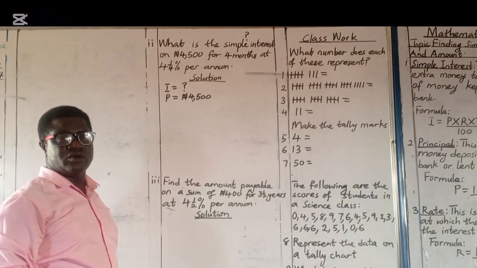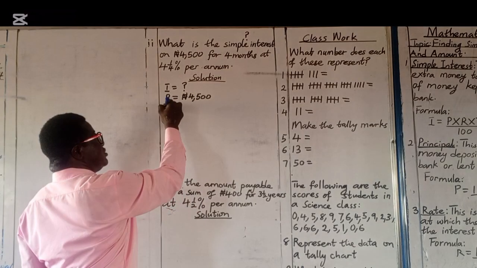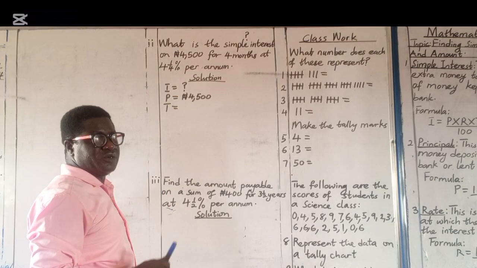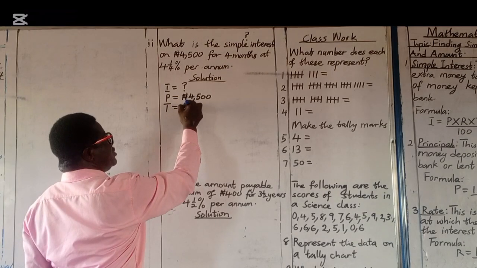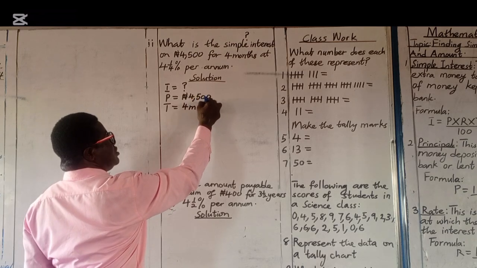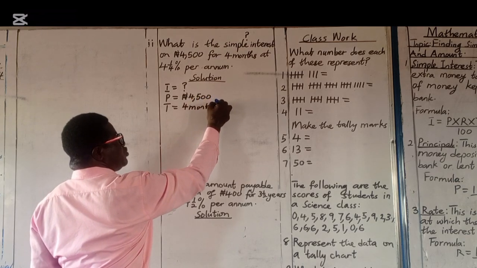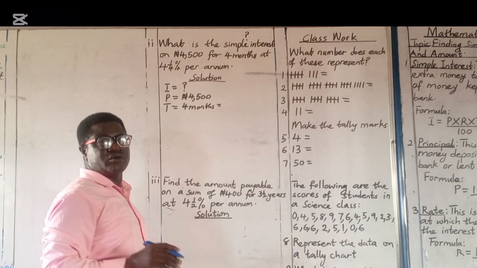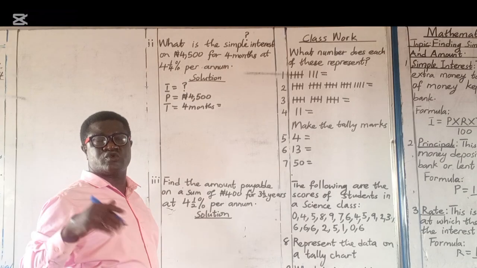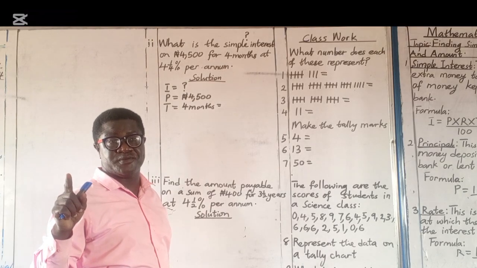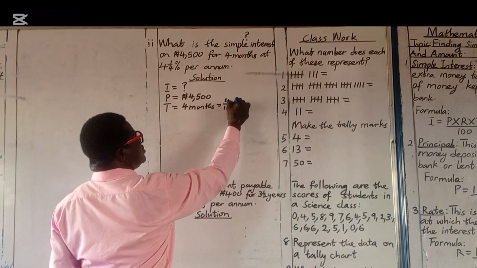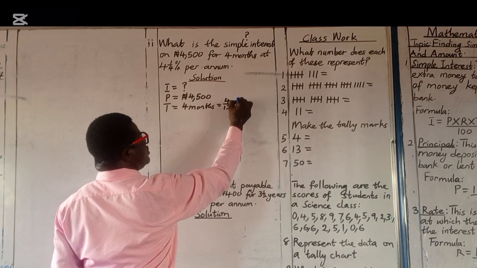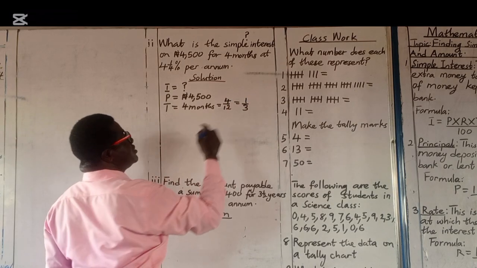You see that? For 4 months. Listen. That 4 months will be equal to 4 over 12, because 12 months make 1 year, right? So that's 4 over 12. When we cancel, it will give us 1 over 3, right?